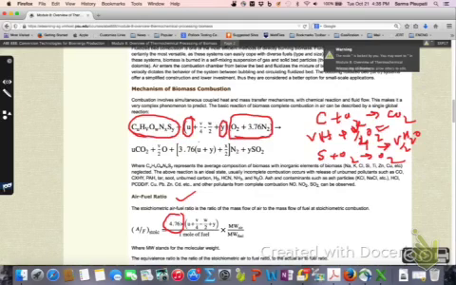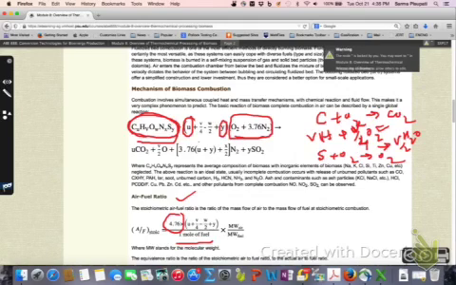So how much air? 4.76 times U plus V over 4 minus W over 2 plus Y is the number of moles of air required for 1 mole of biomass with this composition. So this is moles of air per mole of fuel.